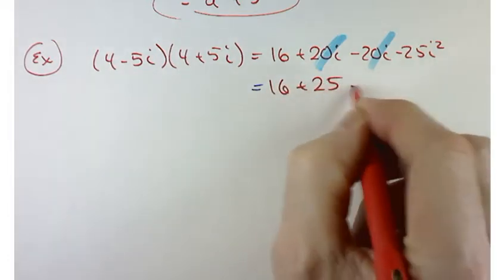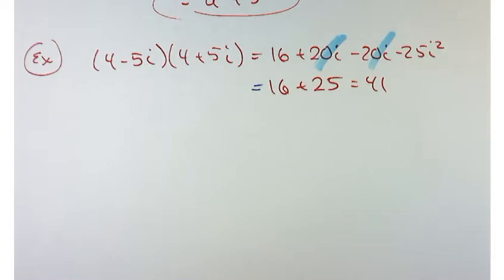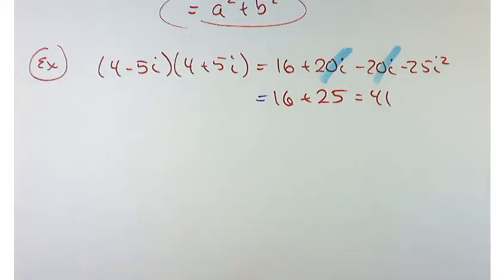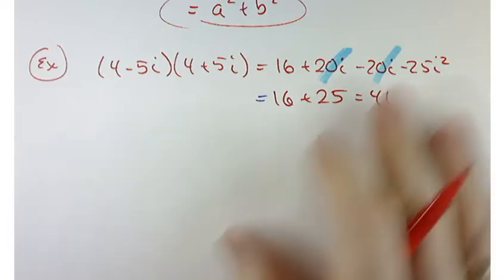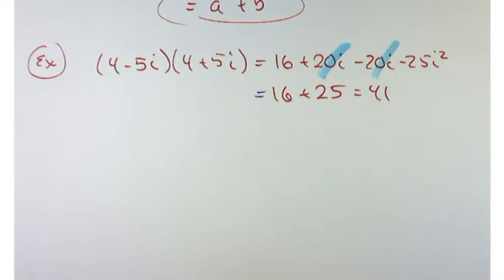Becomes plus 25, which gives you 41. So that's cool. You started out with two complex numbers, but you end up with a nice simple real number. And that's a useful result. And we're going to use that for the second to last topic in this section, which would be division of complex numbers.